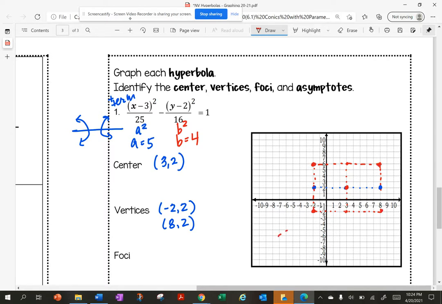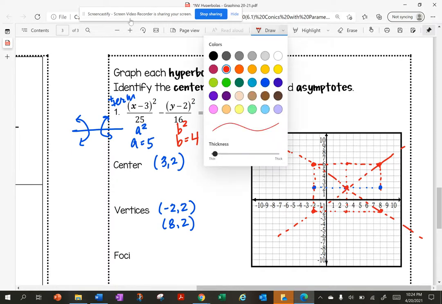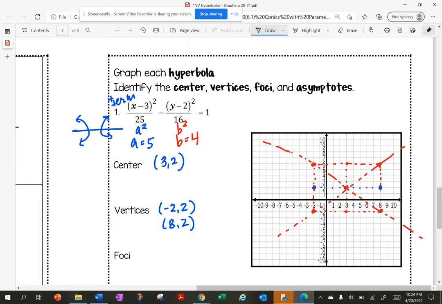Okay, so I'm going to draw in my asymptotes. There we go. So then I can draw in my hyperbola.